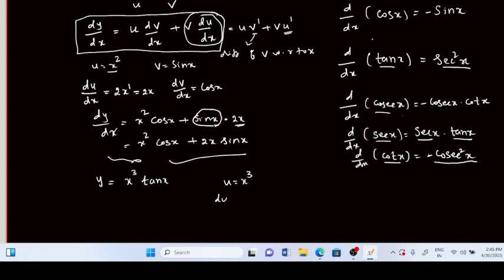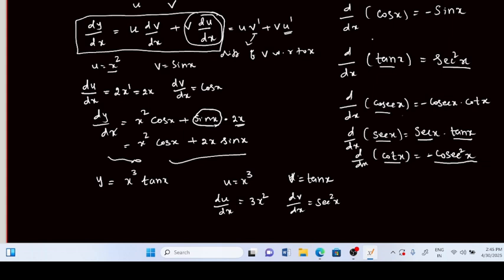We differentiate this with respect to x: 3 times x square. Similarly, we consider v equal to tan x. We differentiate this. Practice this trigonometric function formula. You must familiarize yourself with it. Differentiation of tan x is secant square x.